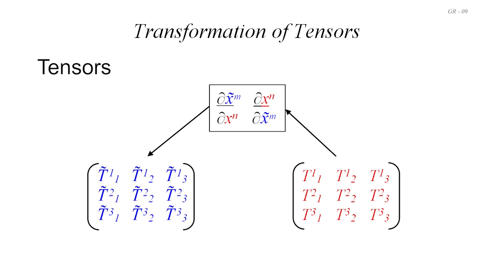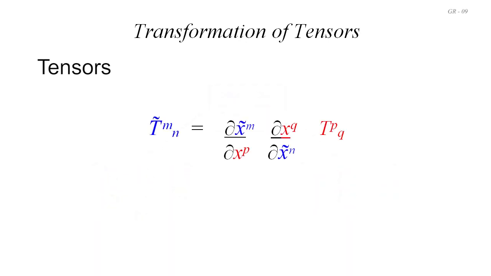And again, the mathematical way to depict this transformation is like this, where once again the indices p and q have been added so that the various summations can be made correctly. Notice once more that in this case, these are a kind of upside down of one another.